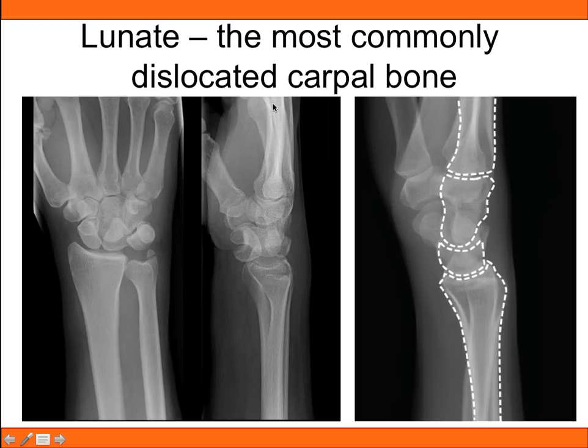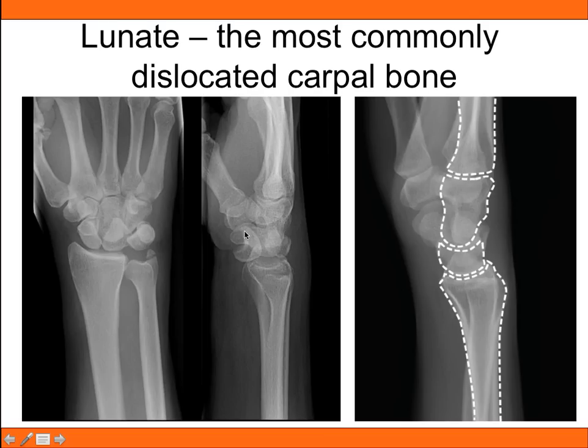So let's evaluate that on these. Let's start on the lateral first. Here's the third metacarpal. Good, that looks good. I can see it has a nice articulation with the capitate there. Excellent. I can see the body, neck, head of the capitate, but I can't see a lunate here. There's meant to be a lunate interposed between the capitate and the distal radius, but it's gone. Where's it gone?